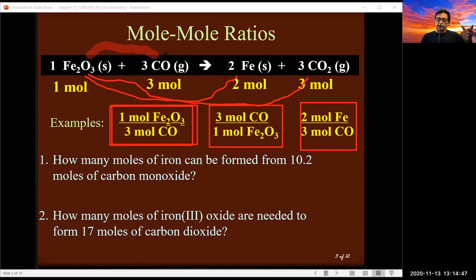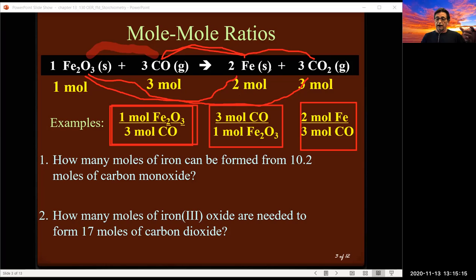Now, we can't forget the other relationship between carbon monoxide and iron. That has its own relationship of 3:2. And carbon monoxide and carbon dioxide, which in this case is simply a 1:1 because it's a 3:3. And so we have so far 2, 4, 6, 8, 10 ratios that relate the reactants with each other or the reactants with the products.